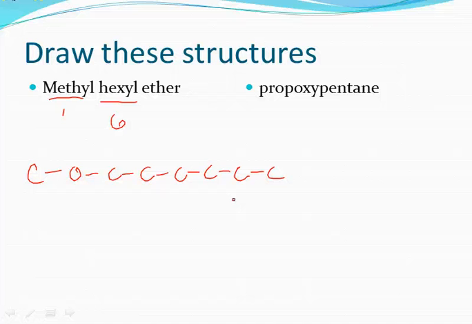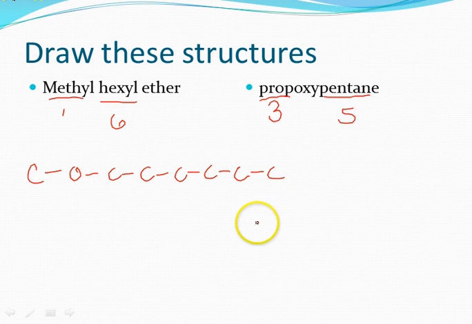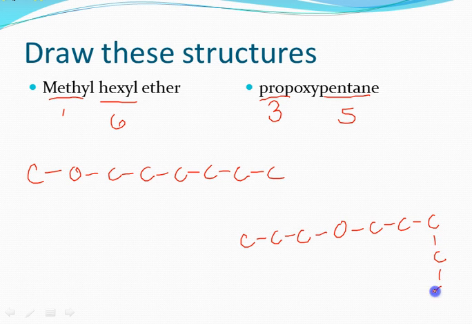For propoxypentane, how many carbons in the propyl part? Would be 3. How many for the pentane? 5. So you might have something like that. I'm running out of room. Are we good? Excellent. We'll stop here.